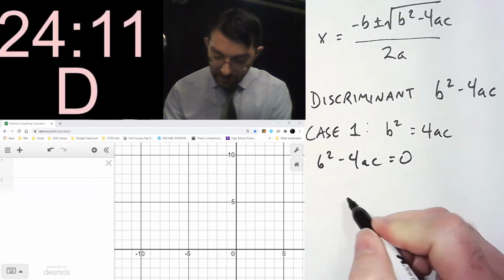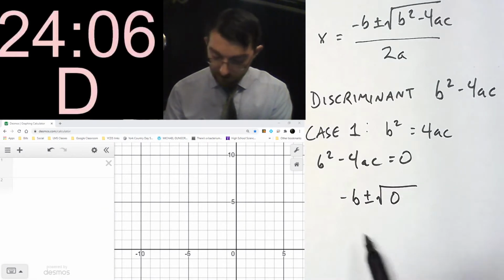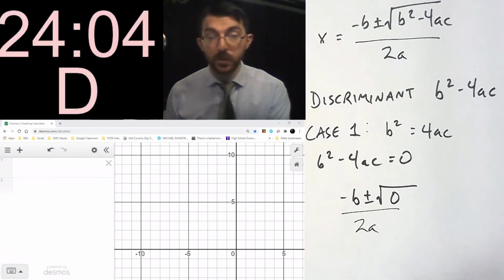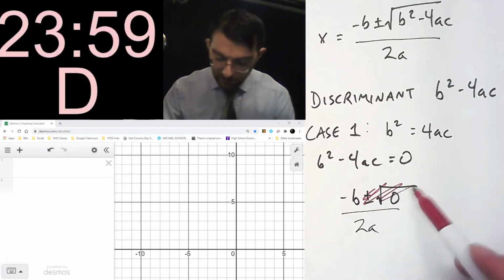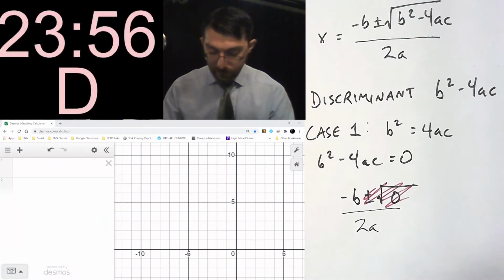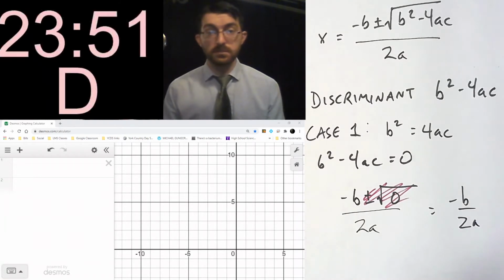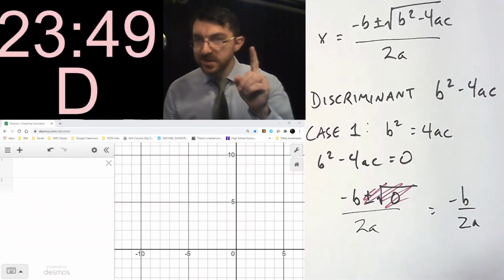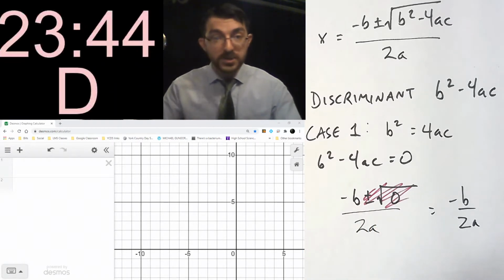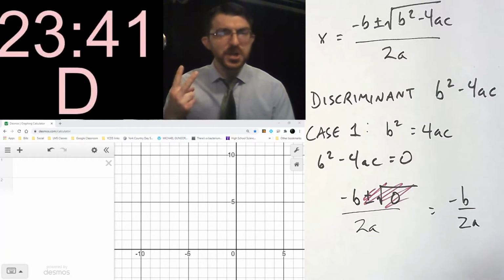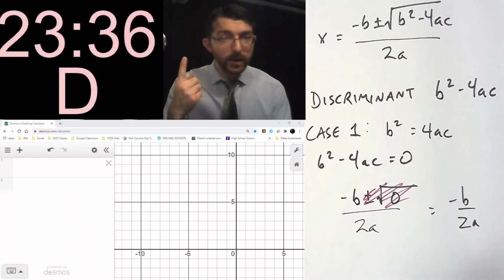It's just going to be the opposite of b plus or minus the square root of nothing over 2a. Well, since the square root of 0 is 0, then we can just kiss all that goodbye. And that's the whole answer. Notice it's only one answer. The plus or minus doesn't matter anymore. Usually, when you do the quadratic formula, you're used to getting 2 answers. But when b squared is equal to 4ac, you only get 1.